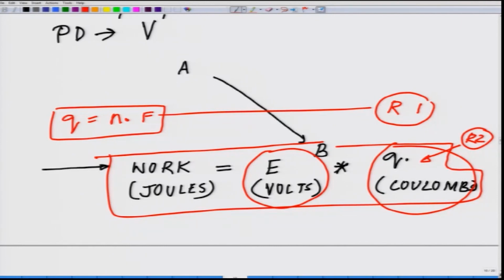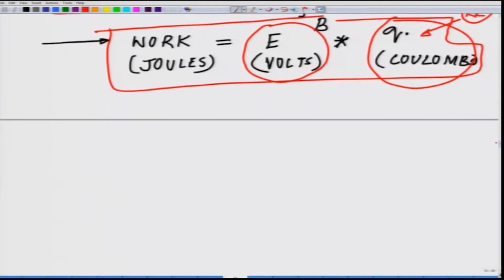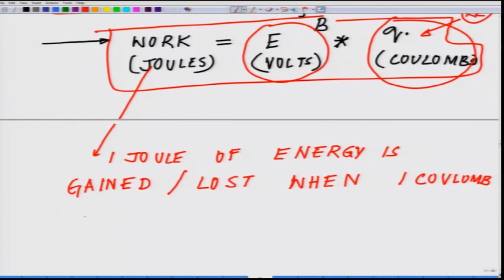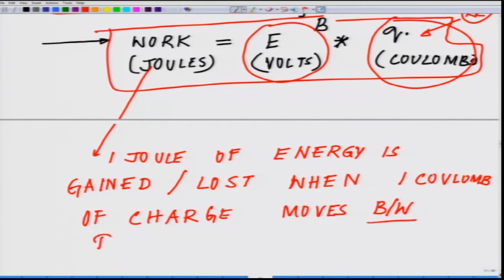So, if we talk about 1 joule of energy gained or lost, say for example, here: 1 joule of energy is gained or lost when one coulomb of charge moves between points whose potential difference is 1 volt.